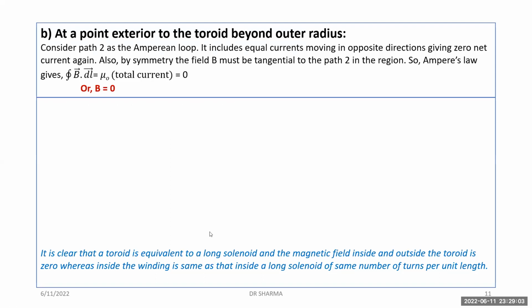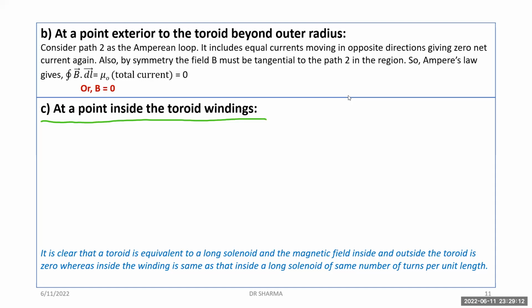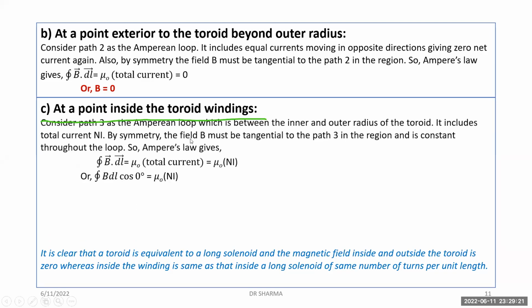Now I'm discussing the third case, that is, at a point inside the toroid windings. I have already mentioned that the line integral of the total magnetic field is equal to mu naught times the total current enclosed.